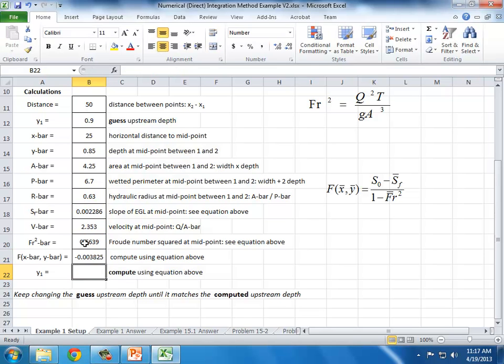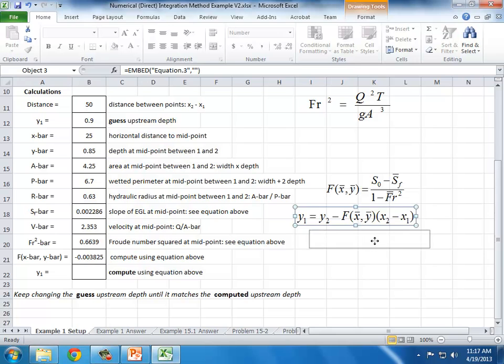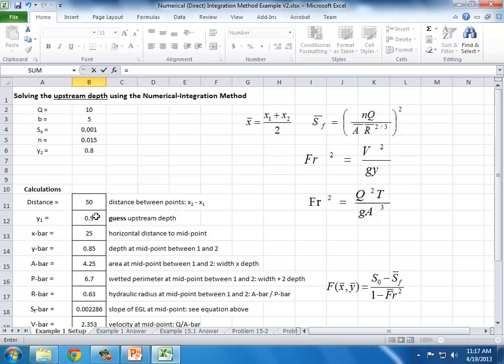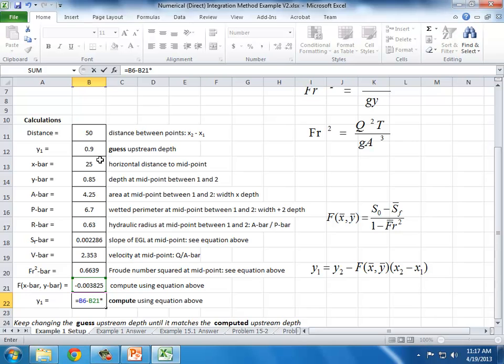And then finally, the y1 depth, we estimate what the depth is up there by saying it is y2, that is known, minus this equation times the distance.